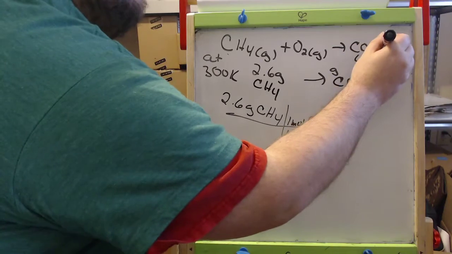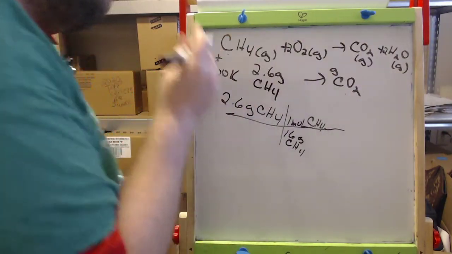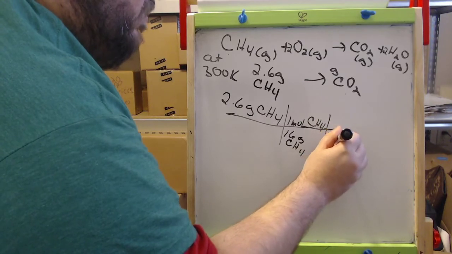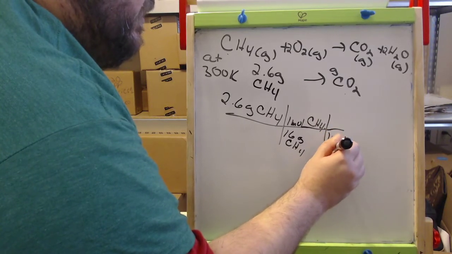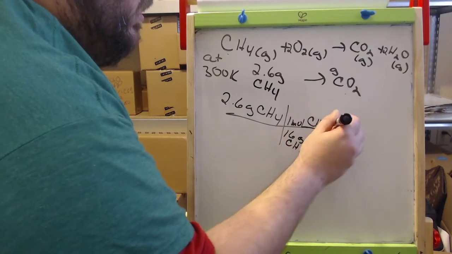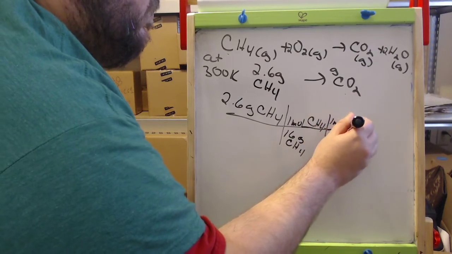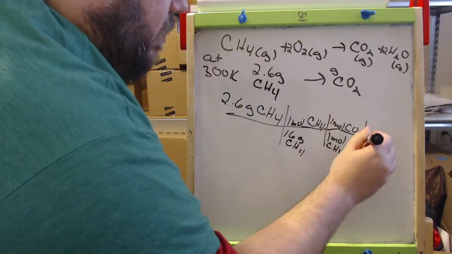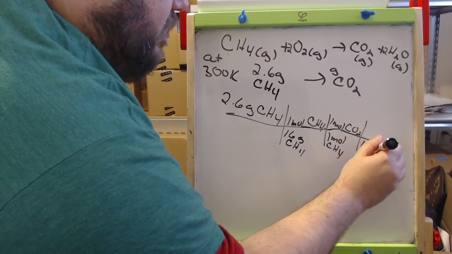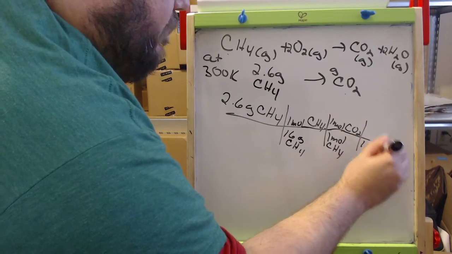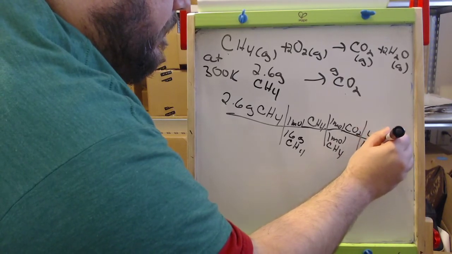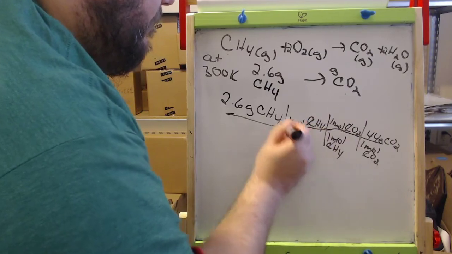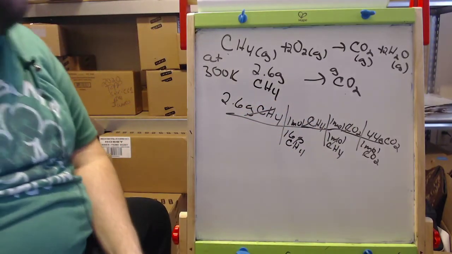So I need a 2 there and a 2 here. But I'm balanced now. So 1 mole of methane gives me 1 mole of CO2. And then 1 mole of CO2 has 44 grams of CO2. We would do it that way. We've been doing it that way since chapter 3.